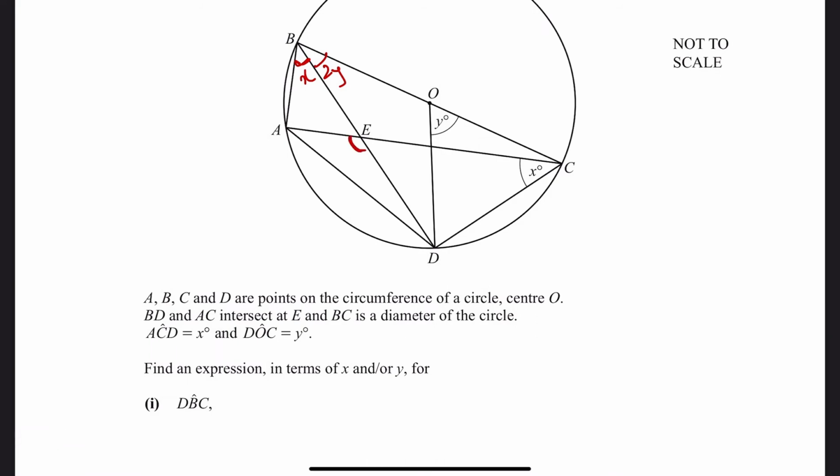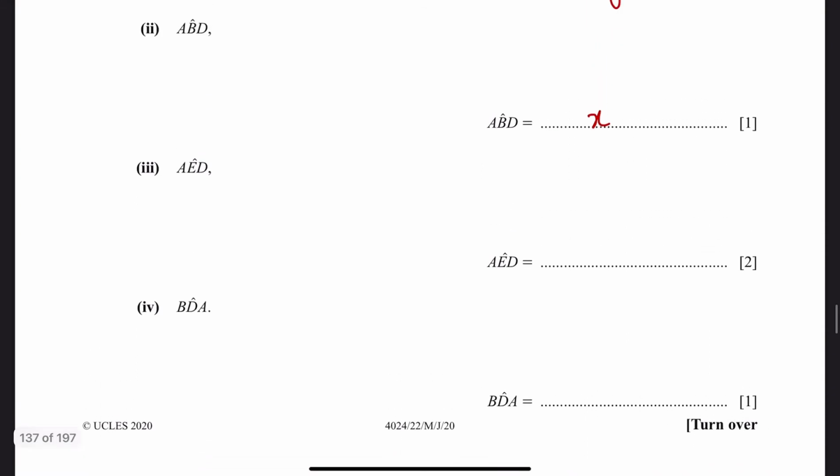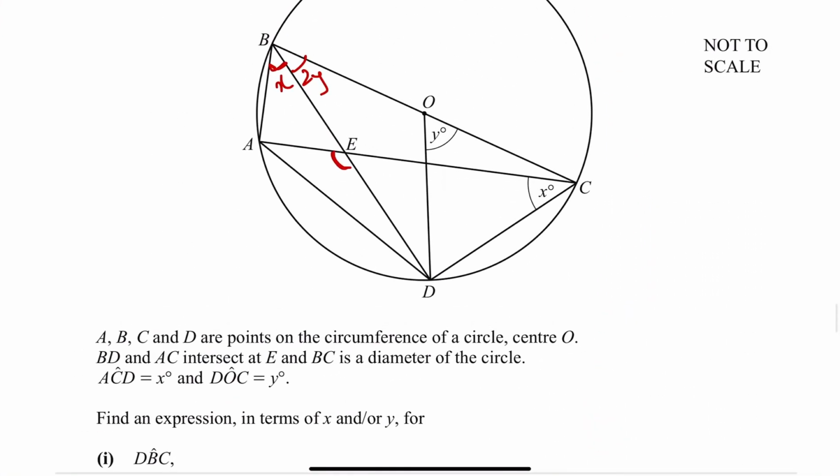So I'm looking at this one now. AED is 2 marks, which means that it might be a little more complicated. Okay, this angle should be 90.